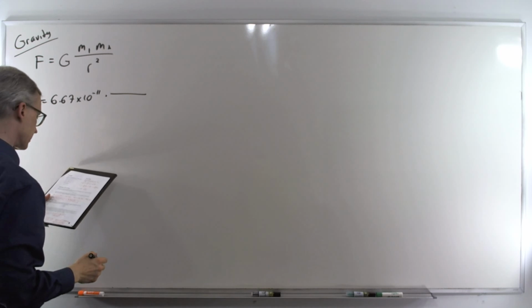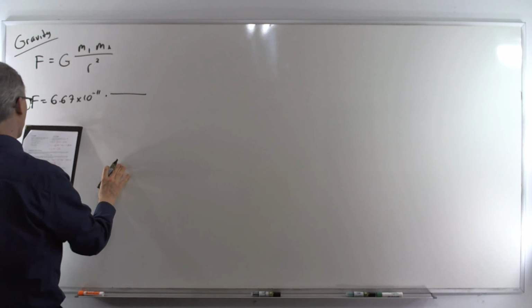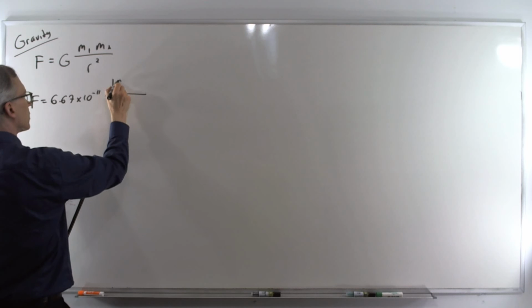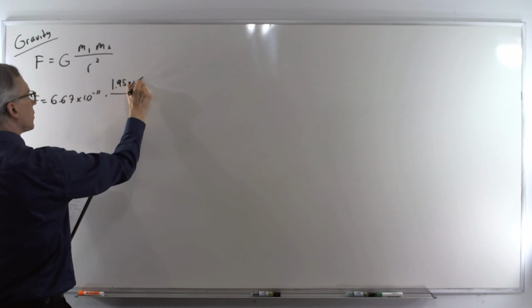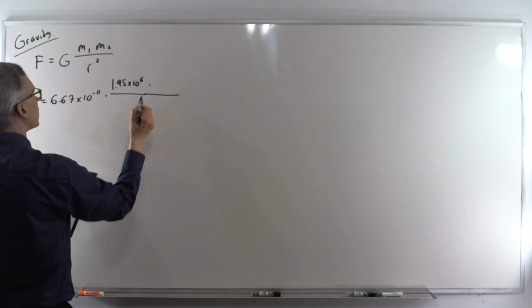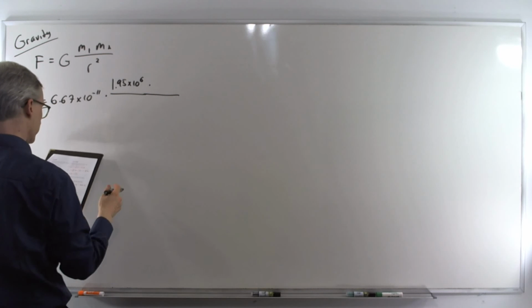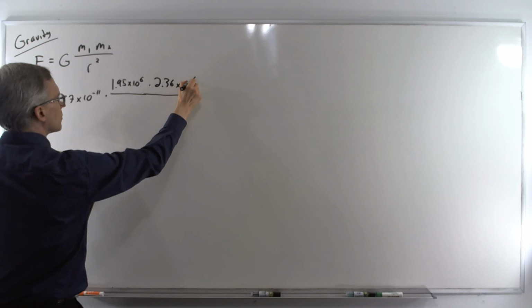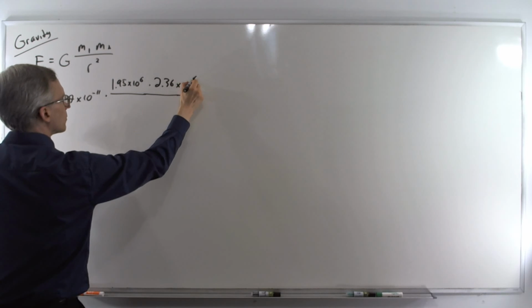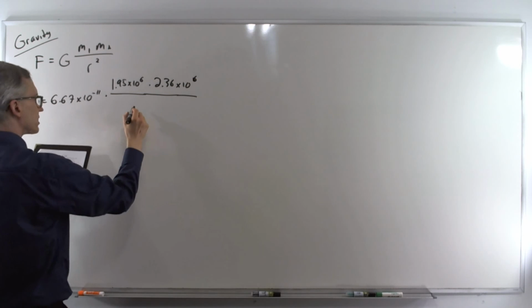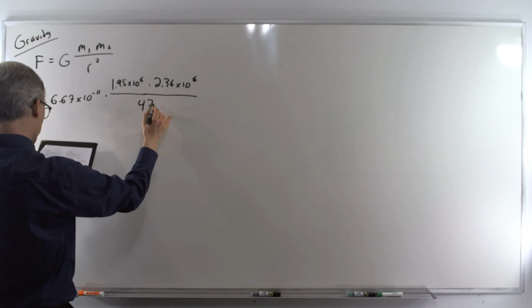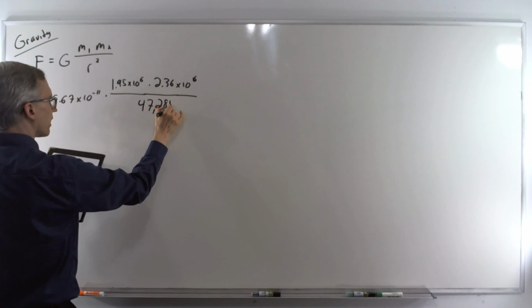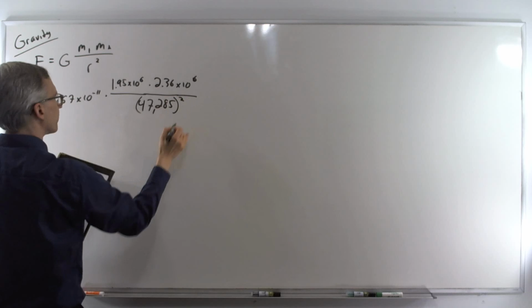And the two masses, 1.95 times 10 to the 6. And 2.36 times 10 to the 6. And finally, the distance between is 47,285, and we're going to square that value.